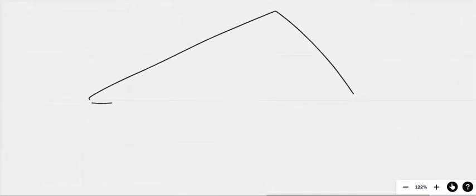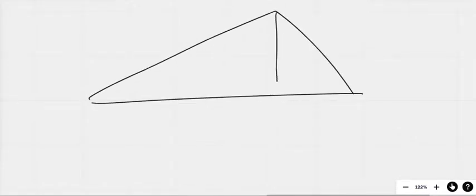Let's draw a triangle and a hypotenuse. We mark this side B, this side A, and this side C. This side is B because it is the opposite side of angle B, and this will be A, and this entire side will be C. However, I want to let this side be x, and this side will be c minus x.